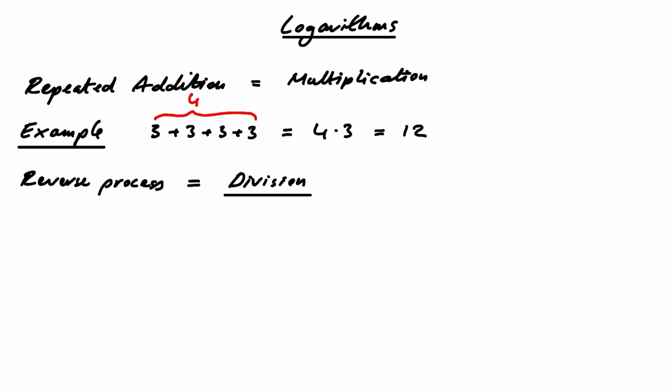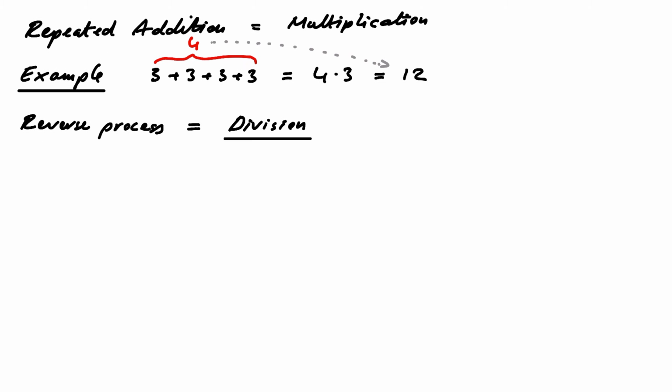How do I go from 4 to 12? That's the forward process. I would multiply 4 by 3 and I would get 12. So the reverse process would be doing this backwards essentially. Let's take a moment to think exactly what that means.